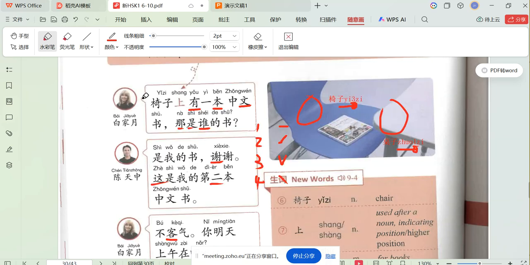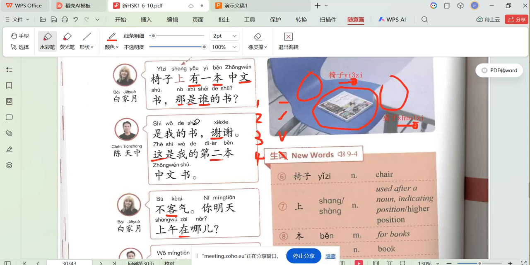So they are talking about whose book is on the chair. Let's read the conversation here to see if you can understand. 椅子上, you can read after me. 椅子上有一本中文书。 We said many times, time comes before the verb.